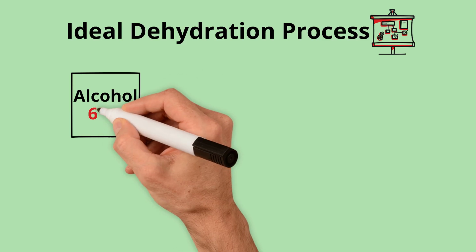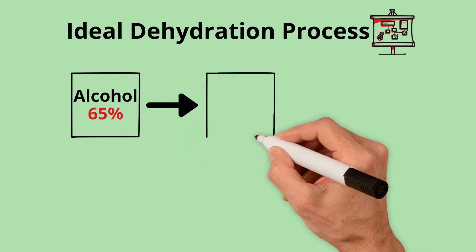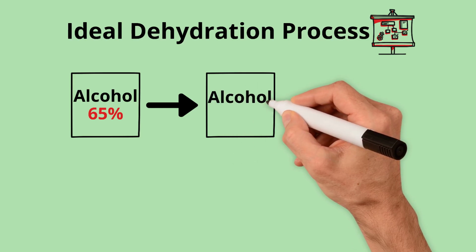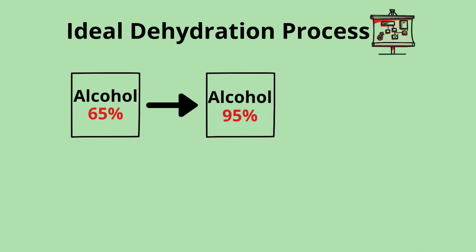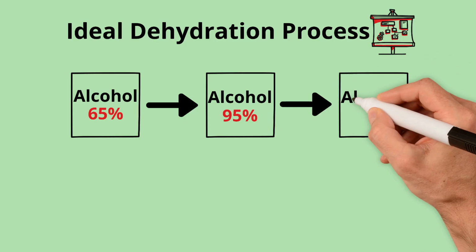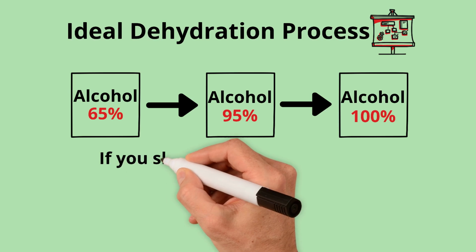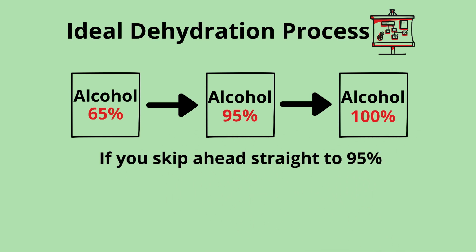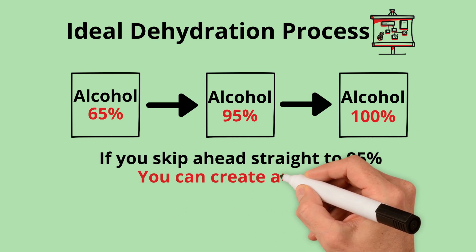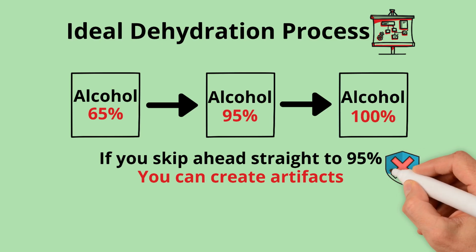So, the ideal dehydration process goes like this. You want to move step by step, starting around 60 to 65% ethanol, then going through 2 changes of 95%, and finally 2 changes of absolute ethanol. This gradual approach minimizes tissue shrinkage. If you skip ahead straight to 95%, you save time, but you also risk creating artifacts.